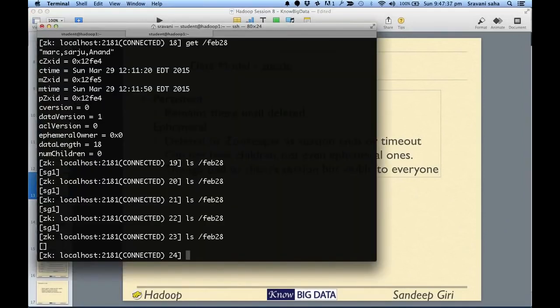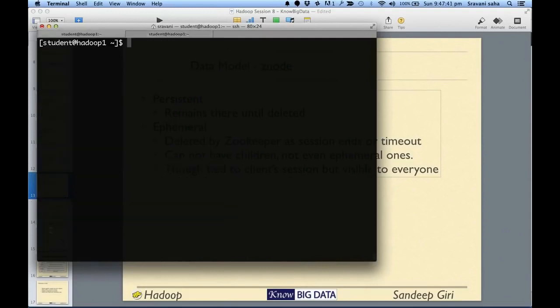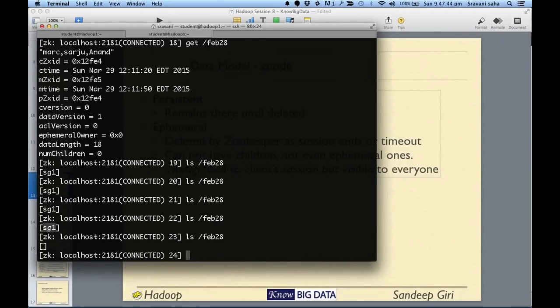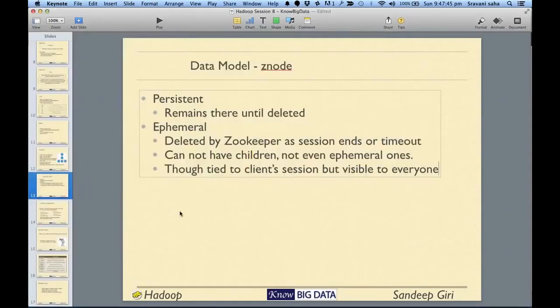Now you can see that after some time it has automatically disappeared, because the session which created this ephemeral node has disappeared. All right, makes sense. Even if the same user is connected elsewhere, it will be a different session. Sounds good, Anand. Are you able to see that?